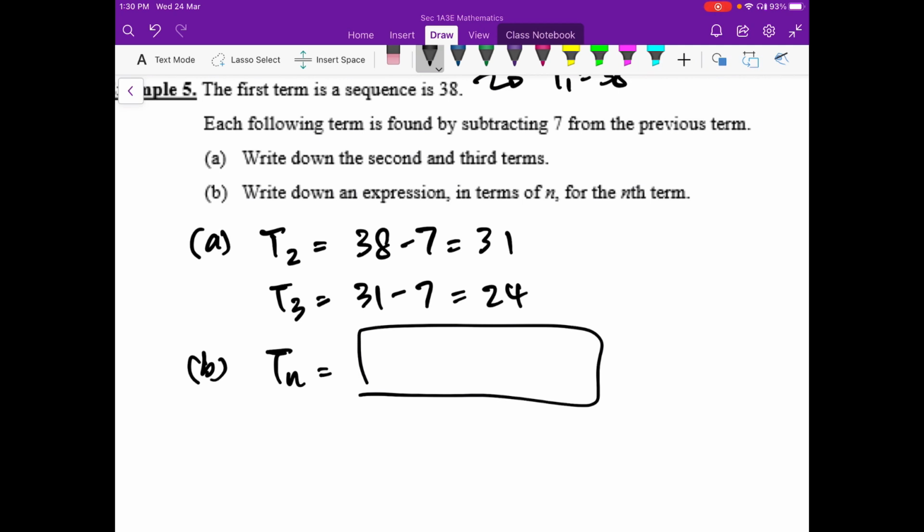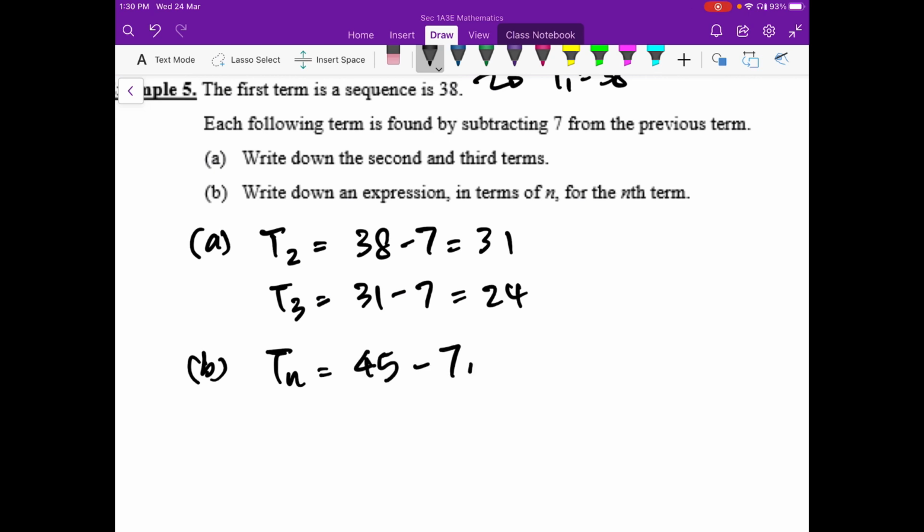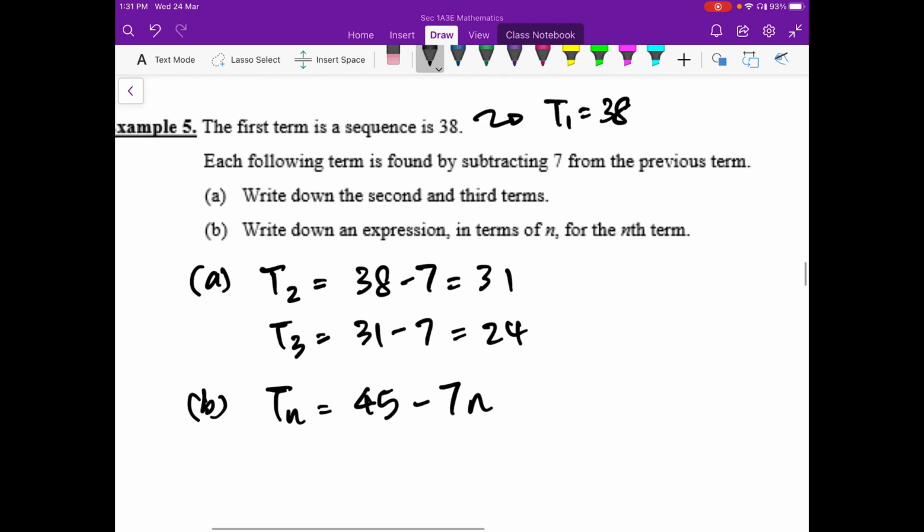Okay, so what is your final answer for this? What do you all have? 45 minus 7n. Let me do a check. I'm not going to say whether it's right or wrong yet. I'll just do a check. Let's start with the first term. Just to confirm, T1 equals 45 minus 7. That gives me 38. Okay, looks correct.